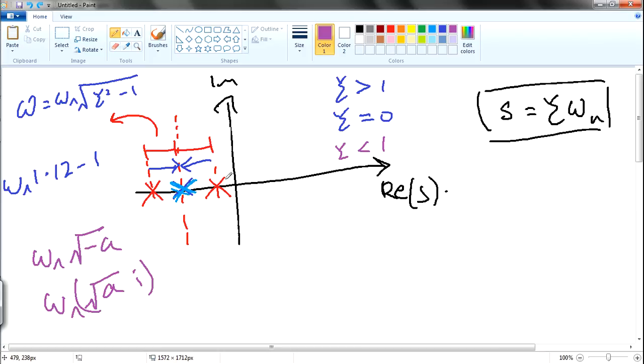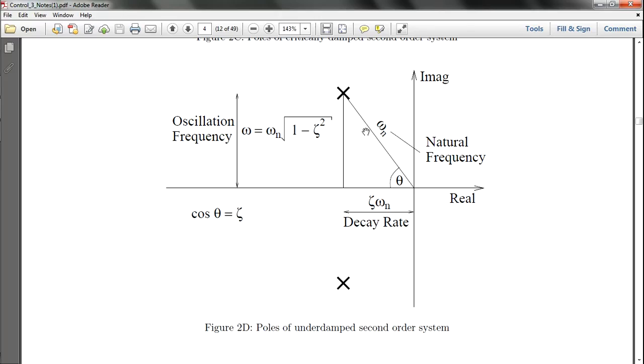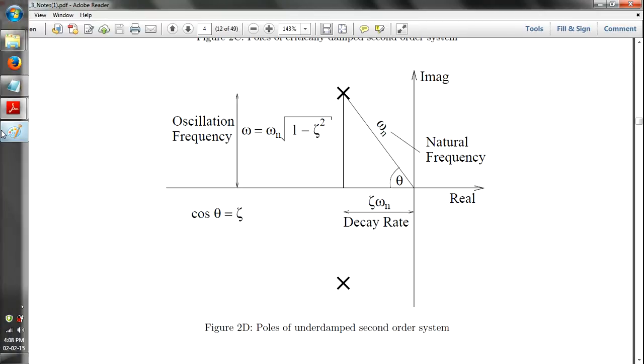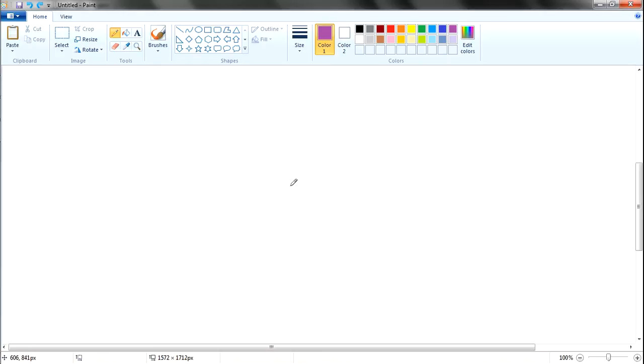So you have a certain angle on the imaginary axis. If your damping factor is getting smaller and smaller, you're leaving the real axis more and more.